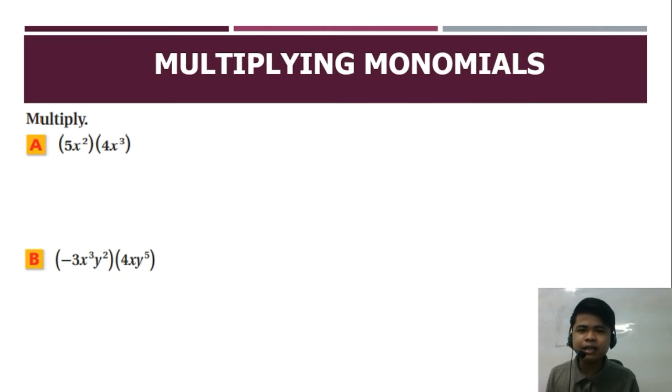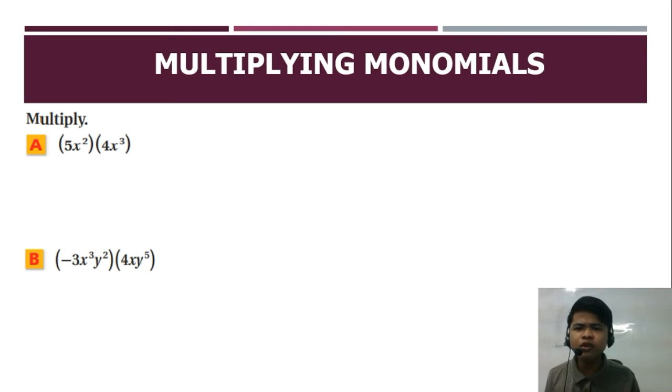We have examples here, A and B. Let's begin with letter A. Multiply quantity 5x squared and quantity 4x cubed. The first step is group like bases together.